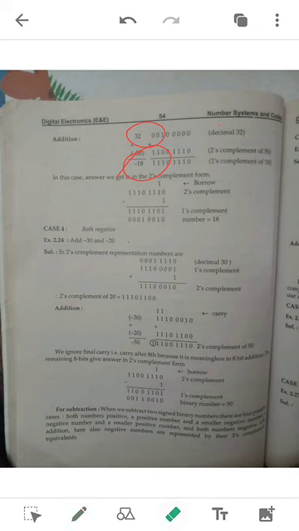We are writing the decimal number of 32 and the 2's complement of 50, which represents minus 50. So you have to add here by using the table. You are getting the result.